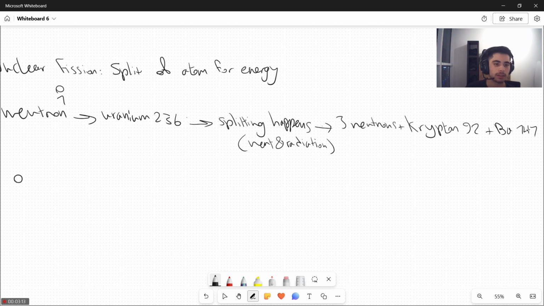If you pay attention, you'll see that 92 plus 141 plus 3 equals 236, and that makes sense because it's a uranium. It gets split into 2 different atoms, and while that splitting happens, it creates energy and also 3 neutrons, which follow up a chain reaction. So the 3 neutrons go and hit other uranium-235s, and if not stopped, they create so much energy, even explosions, which is kind of what happens in an atomic bomb.